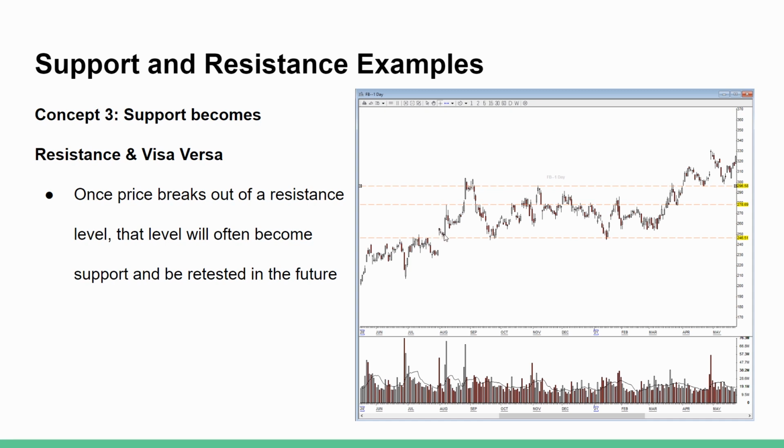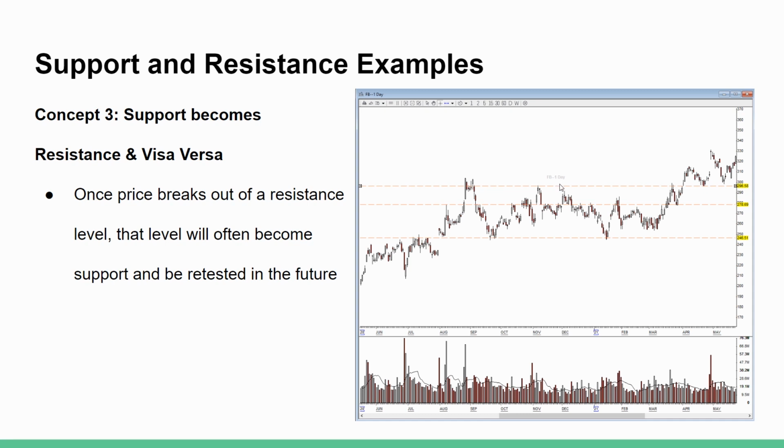It then retested it, so resistance has become support. It retests it here, it retests this all the way down in January, and you can see the same thing happening with all of these other lines that I've drawn on the chart, right? This one up here, price rejected off of it multiple times in the past and then was retested here.